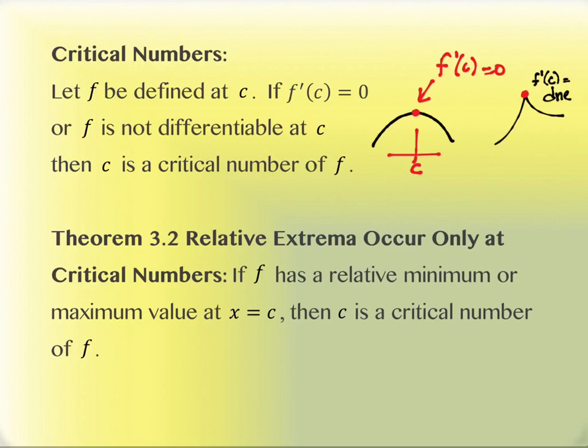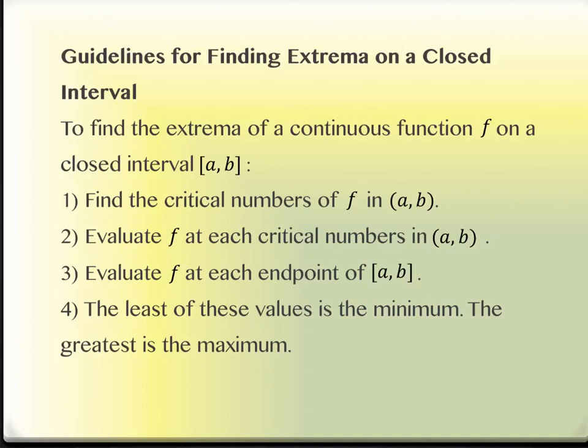So we need some guidelines about how we go about finding extrema, and that's what we're going to do for the rest of this material in this section. So these are our four guidelines for finding relative extrema, extrema in general. So to find the extrema of a continuous function f on the interval [a, b], we need to first find the critical numbers.